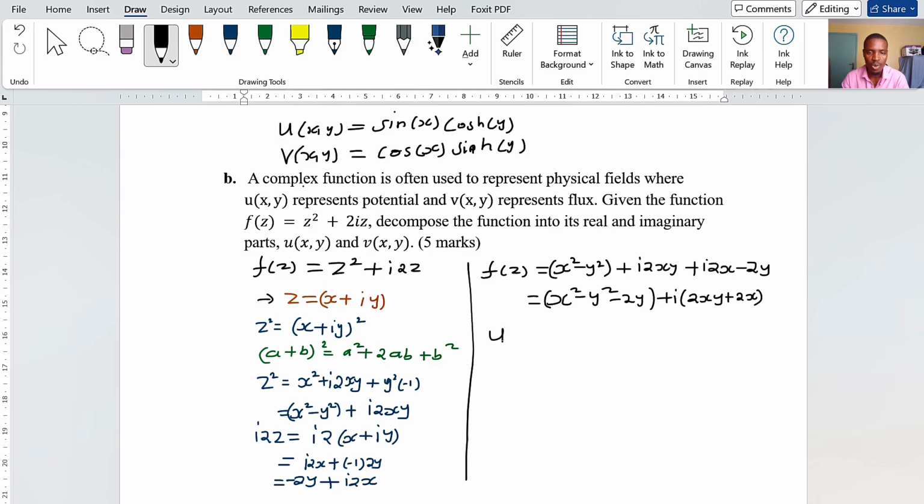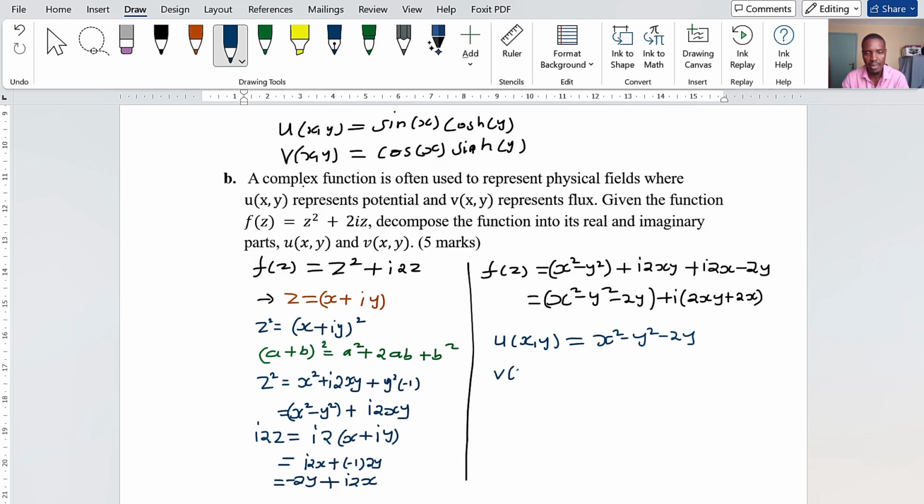So your u, let me use blue, your u of x, y equals the real part, x squared minus y squared minus 2y.